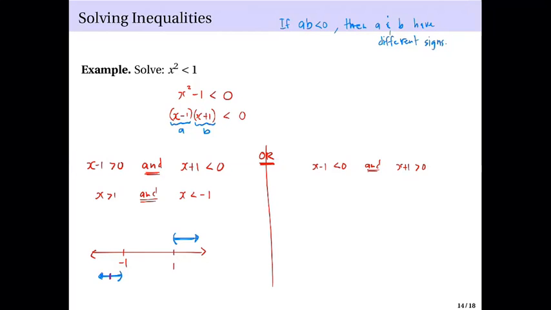Okay? If I get my x somewhere here, then this x is satisfied by this inequality, x greater than 1, but not this inequality here. Okay? So this case here does not give us any solution. So no possible solution.